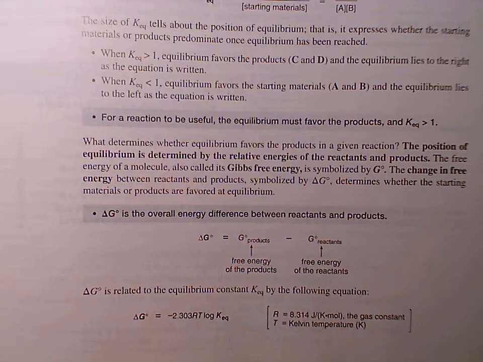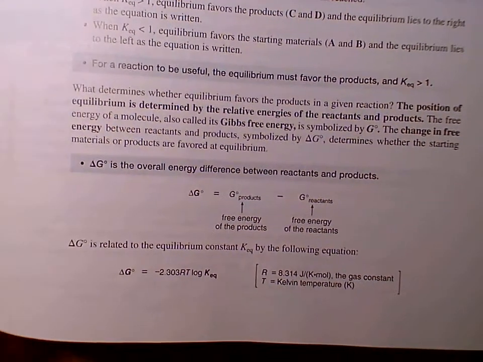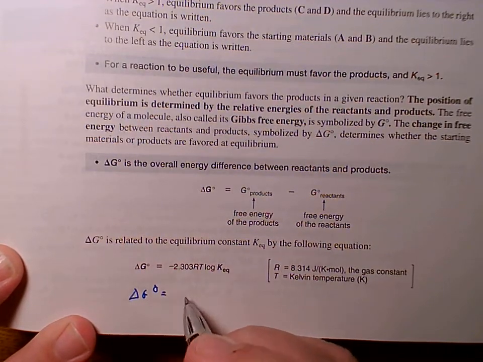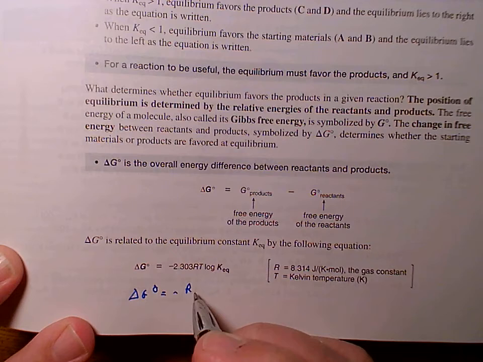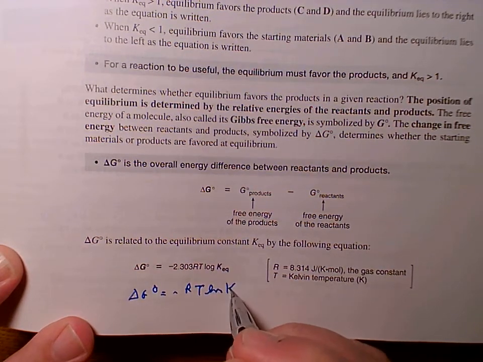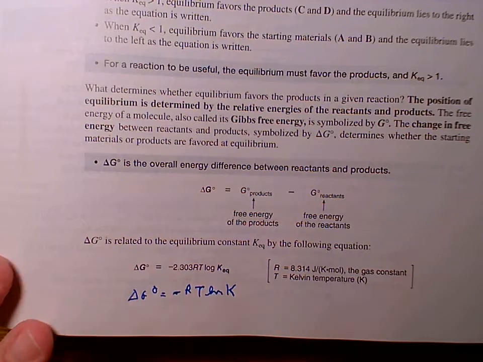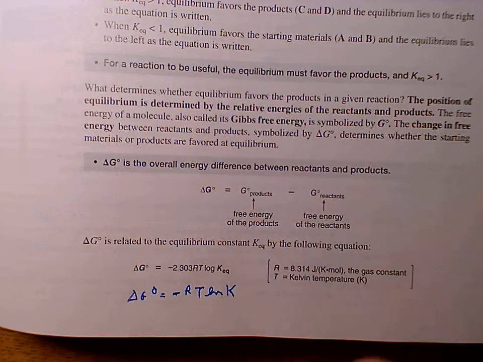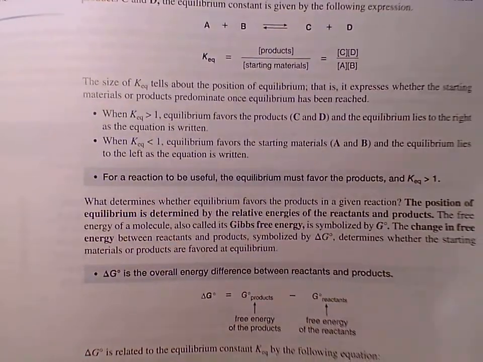So recall that the equation that you will normally see and that I use all the time is delta G naught equals negative RT natural log of K. If you use just base 10 logs, you have to have an extra factor out there. I just use natural logs. It's more natural.